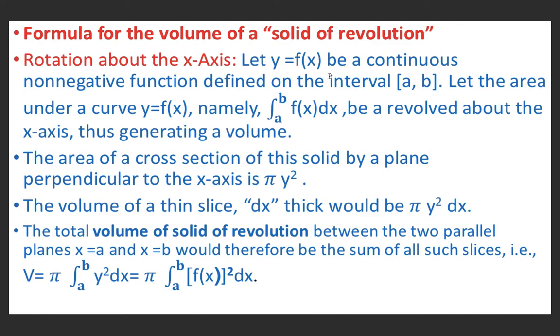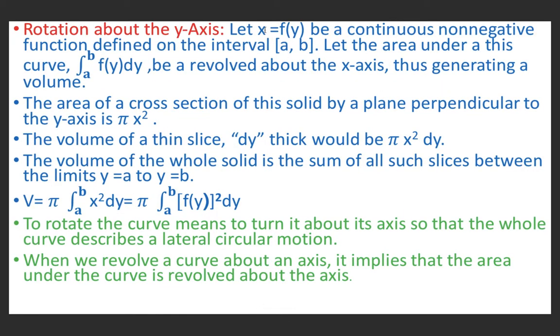If instead of y equal to f(x), the curve is x equal to f(y), then the area of cross-section will be pi x square and the volume of a thin slice of thickness dy would be pi x square dy, and the volume of the solid of revolution between the limits y equal to a and y equal to b is nothing but the integration of pi x square dy between the limits a and b.